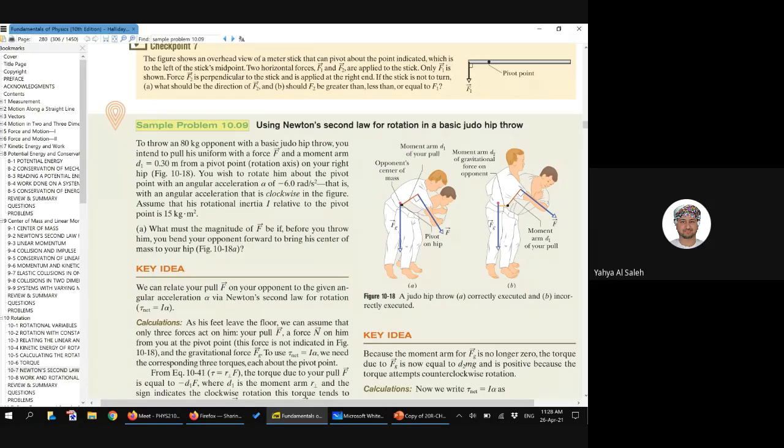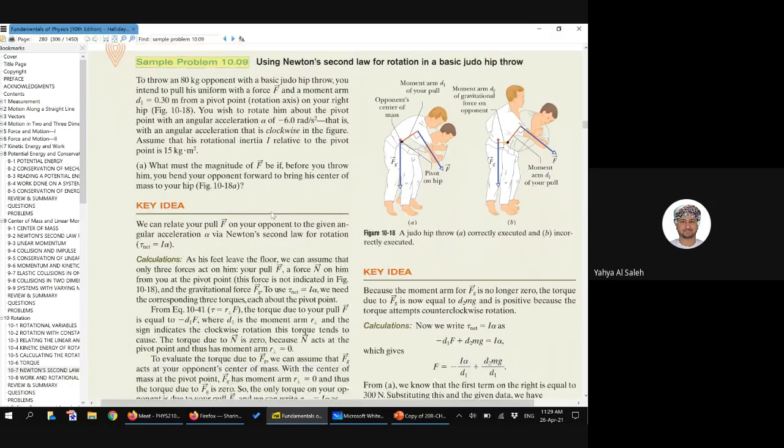So that is clockwise. You want to bring him forward at that rate. And you can assume, so we're not calculating the rotational inertia, it's 15 kilograms meter squared. The question is, what must the magnitude of the force be if you throw that person?